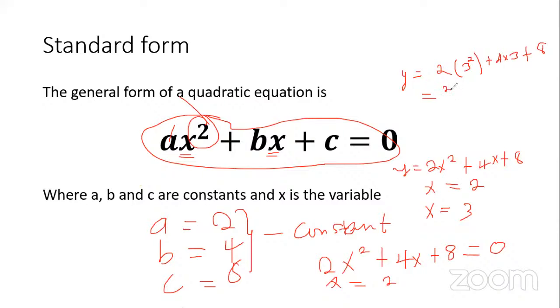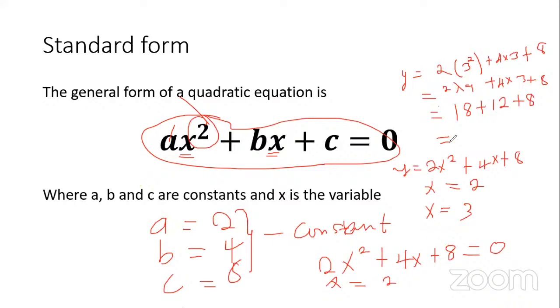So we have 2 times 9 plus 4 times 3 plus 8. What is 2 times 9? 18. 4 times 3? 12. And then 8.